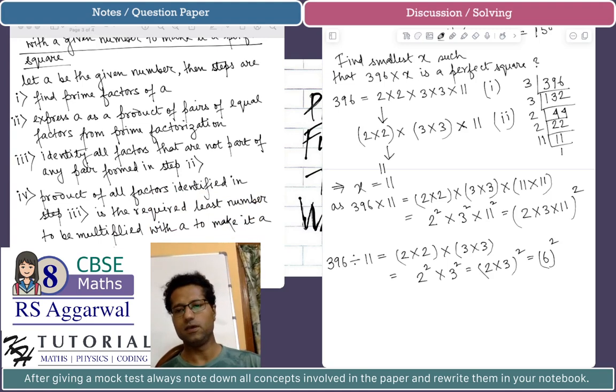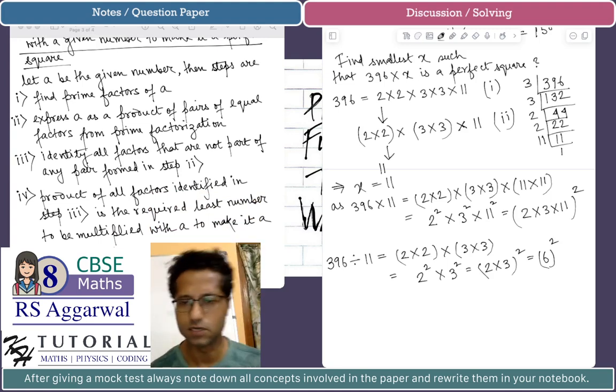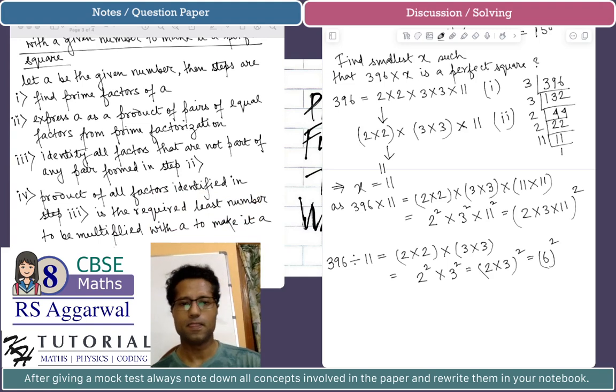Now in step 3, you identified all the prime factors which are not part of any pair, and then you find the product of those prime factors which are not part of any pair. Whatever the value is, that value is the required value that needs to be divided or multiplied to the given number to make it a perfect square.